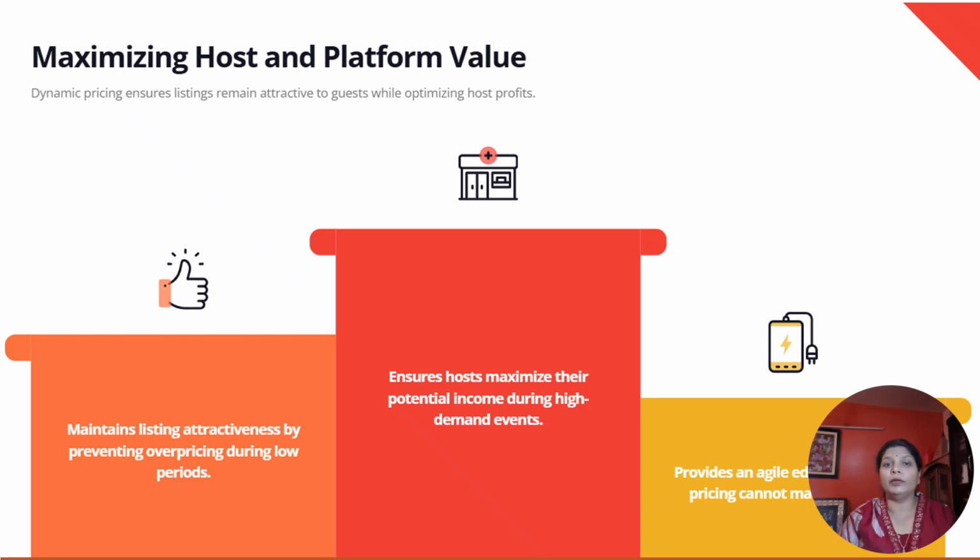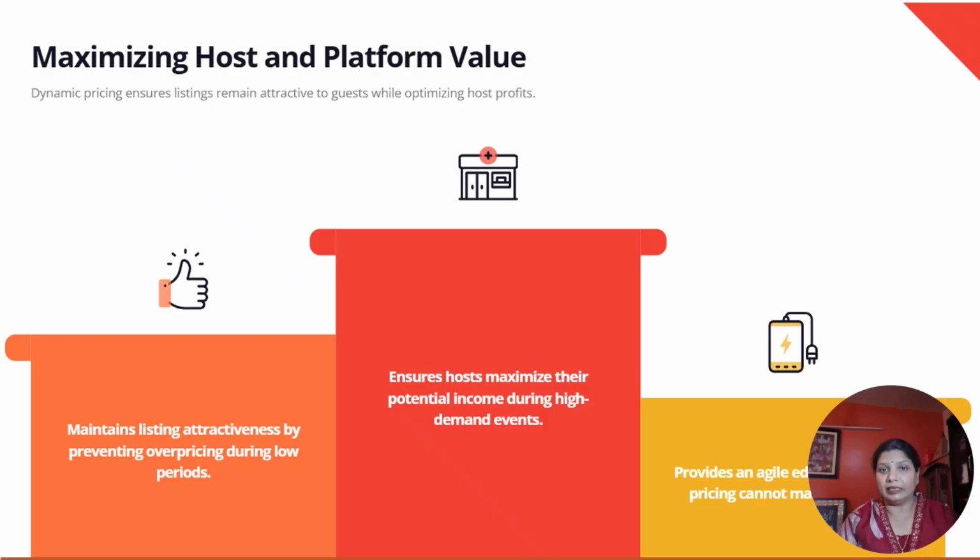Second, during periods of high demand, such as holidays or major events, dynamic pricing ensures that hosts maximize their potential income. Prices adjusted upward in line with market conditions allow the host to capture higher value from increased demand.